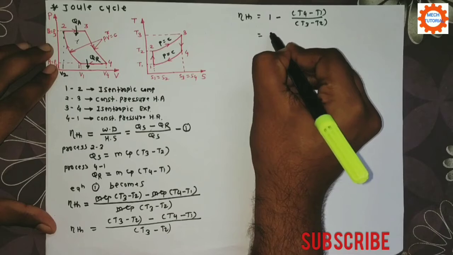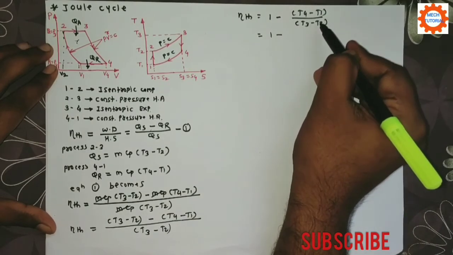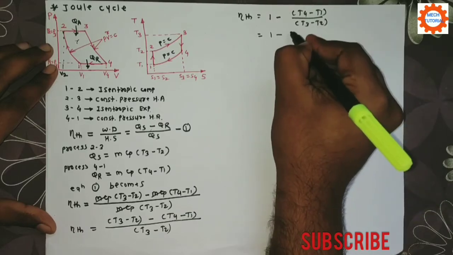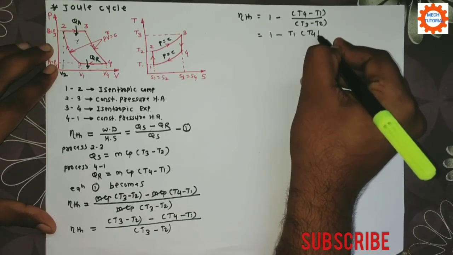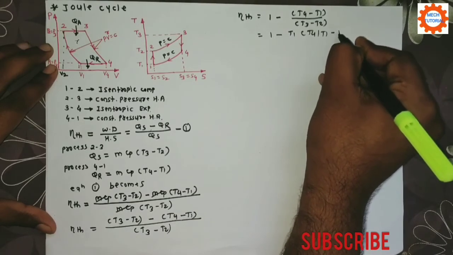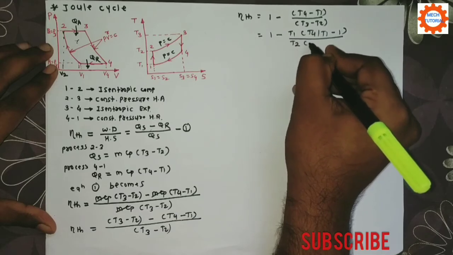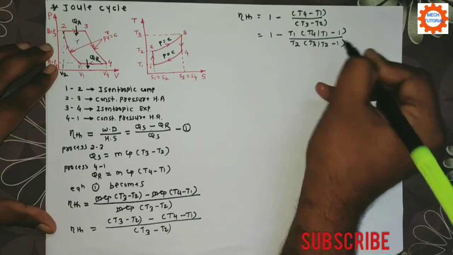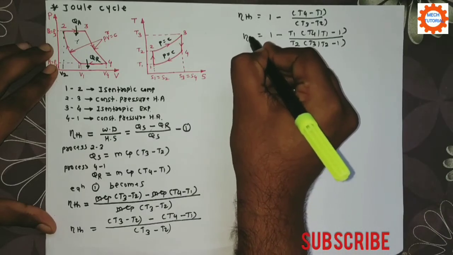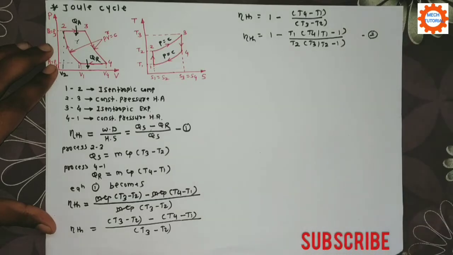Now here we can take T1 outside the bracket and T2 outside the bracket, so the equation becomes 1 minus T1 (T4 upon T1 minus 1) divided by T2 (T3 upon T2 minus 1). We give this equation number 2.